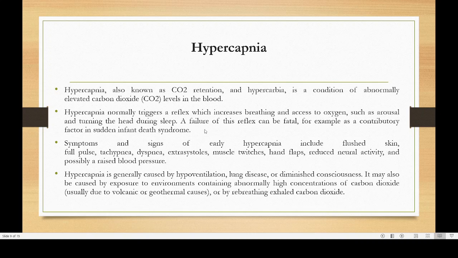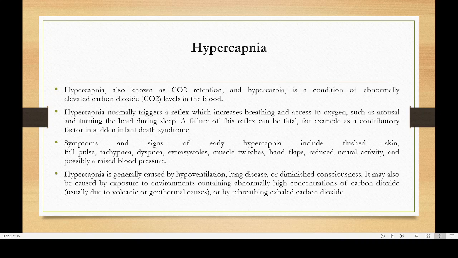And sometimes there is a situation known as sudden infant death syndrome that happens in babies, especially during the early age, maybe before 1 year or 2 years. A baby who is sleeping normally may suddenly die. A possible reason, as doctors say, is that the baby may not be able to detect the increased presence of carbon dioxide.